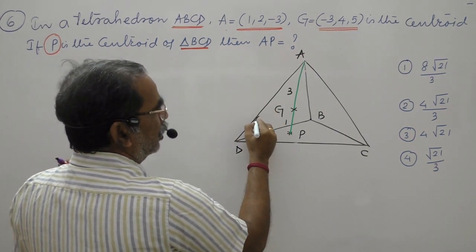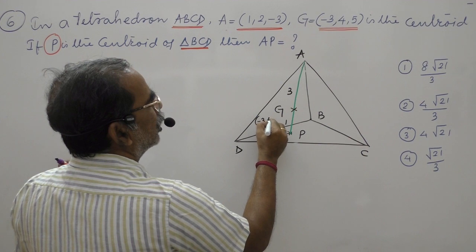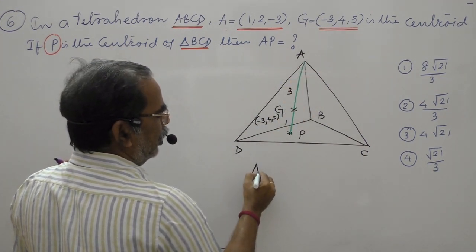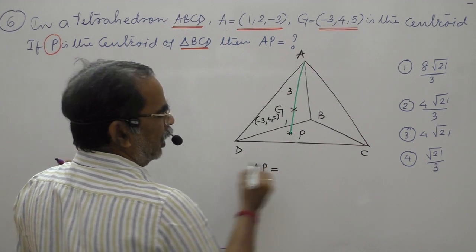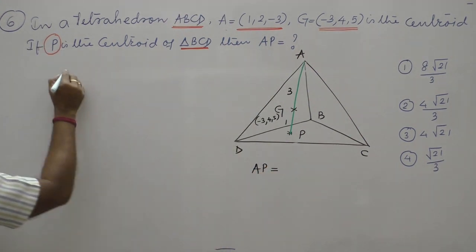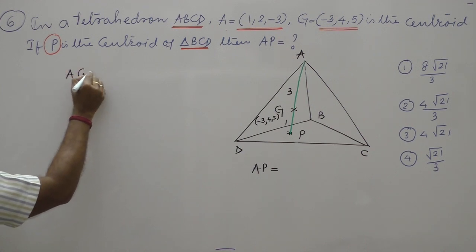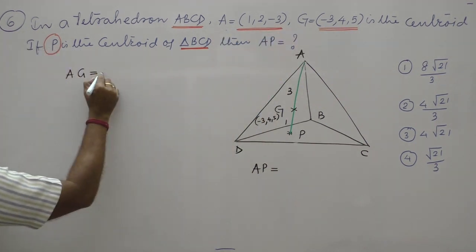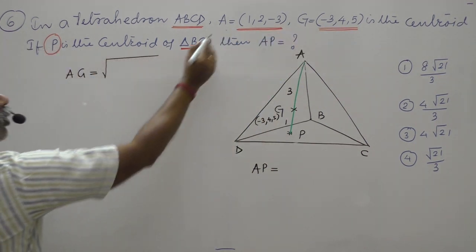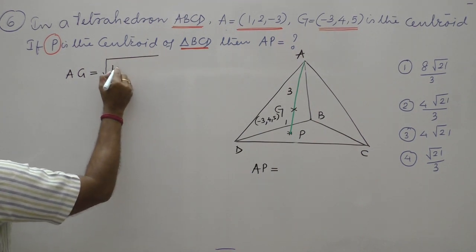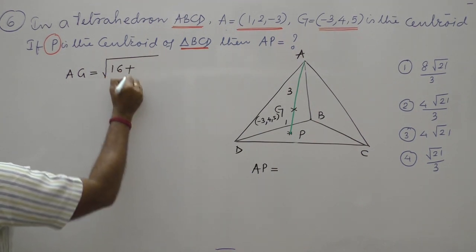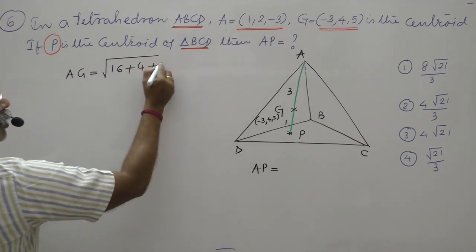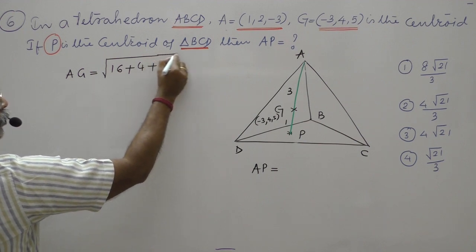Okay. Here the centroid is given now as (-3, 4, 5). He asked for the AP value. To find the AP value, I can find AG because I know A and G. I shall calculate the distance between them. (1 plus 3) squared, 4 squared means 16, plus (2 minus 4) squared, plus (-3 minus 5) squared, that is 64.